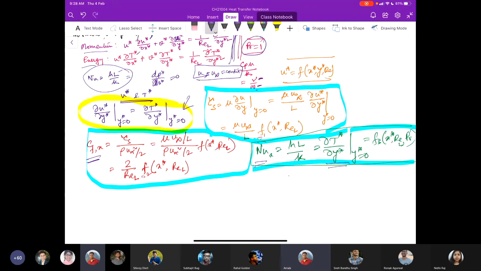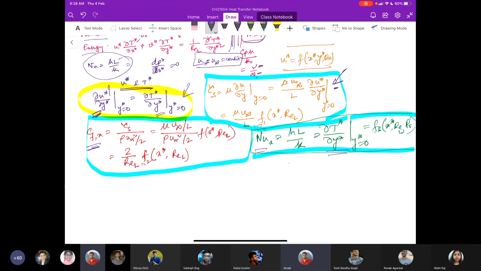Because this is Nusselt number, this gradient. On this hand, we had a term which is here with tau, which means our Cfx is essentially related with del u star by del y star. So if you replace these values and rearrange all these three relations, what you basically get is Cfx by 2 equals your Nusselt number.